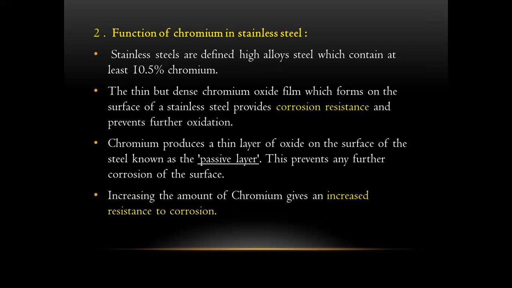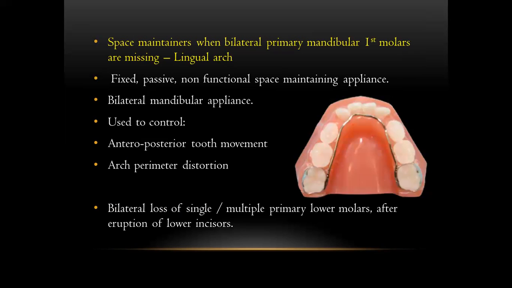Now moving to the next question. The next question was about space maintainers. The question was something like, a patient has bilateral missing mandibular primary molars, and which is the recommended space maintainer? For this, generally a lingual arch appliance is used. Lingual arch appliance is a fixed, passive, non-functional space maintaining appliance.